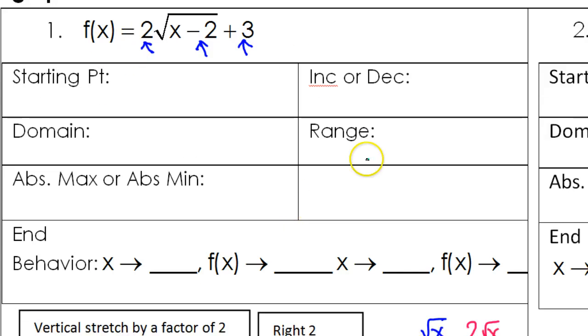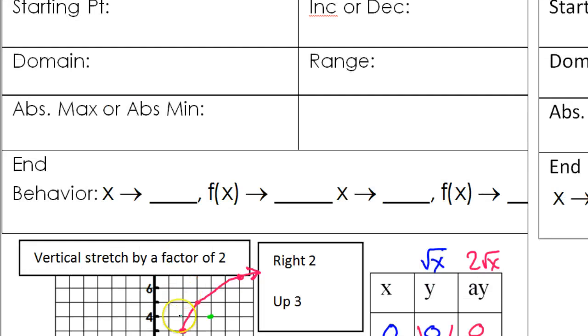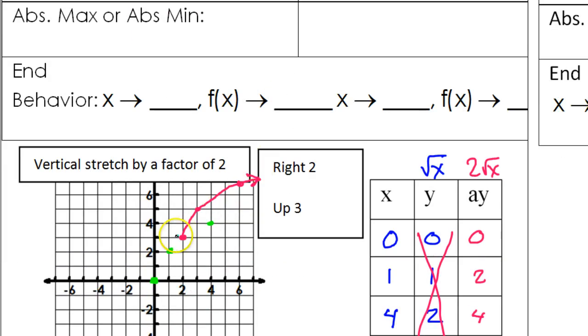But now we have all these other interesting questions that we're supposed to answer. For example, the starting point. This has a starting point of 2, 3. So we'll put that. Is this increasing or decreasing? Well, we always read it from left to right, so this is increasing.